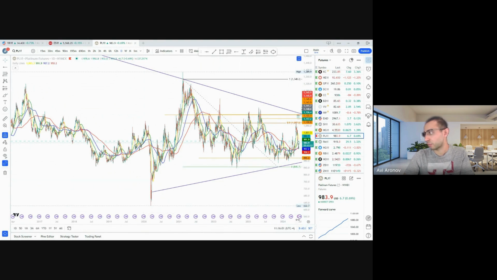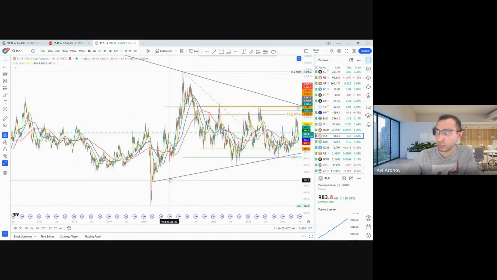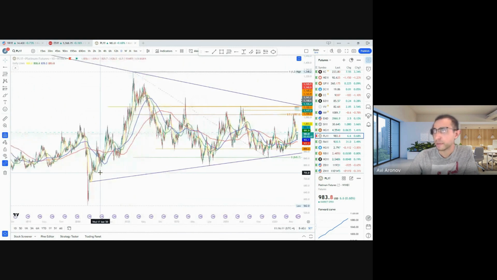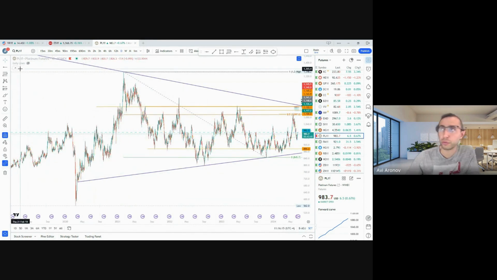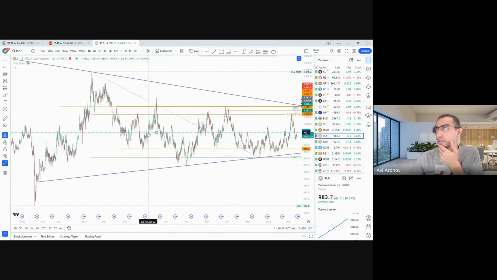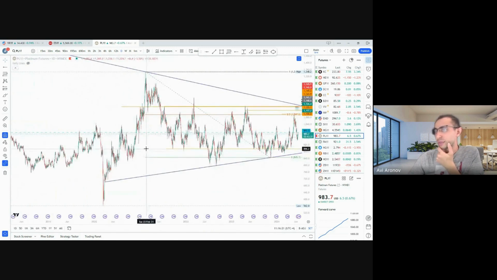It's not touching pretty much any of the lines. So it's important to make sure that we have that off when we are charting. Also, we will remove the moving daily averages, and we will delete all of our drawings.